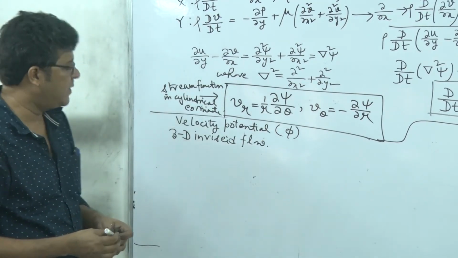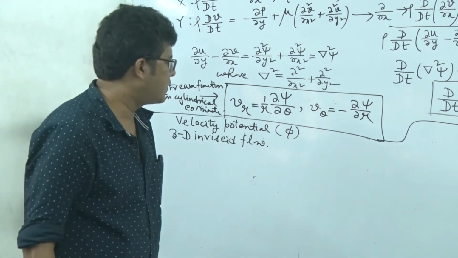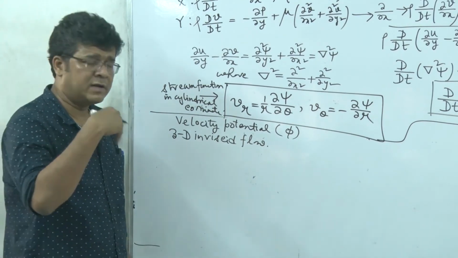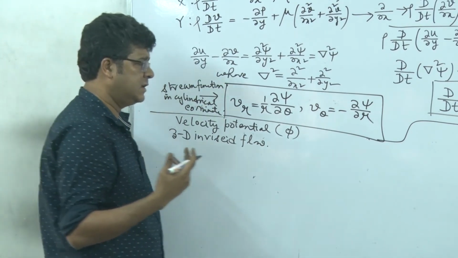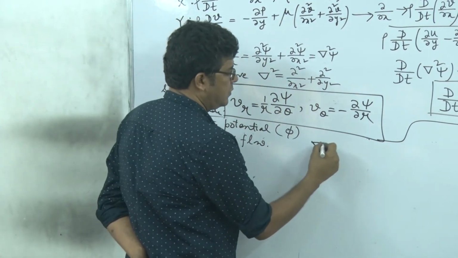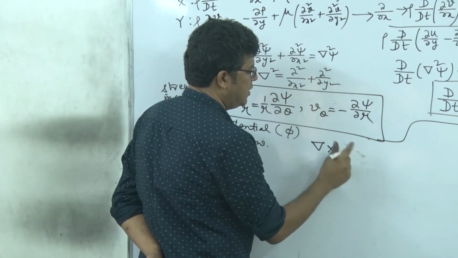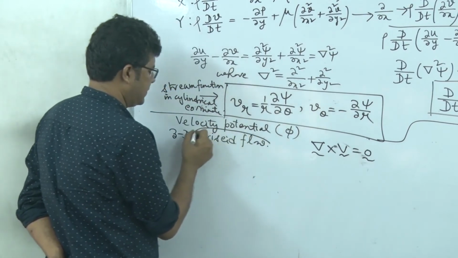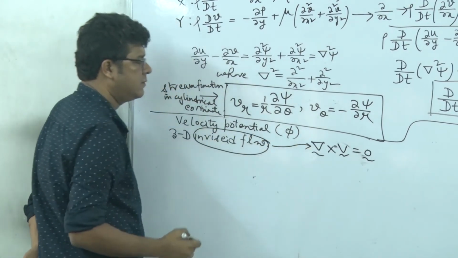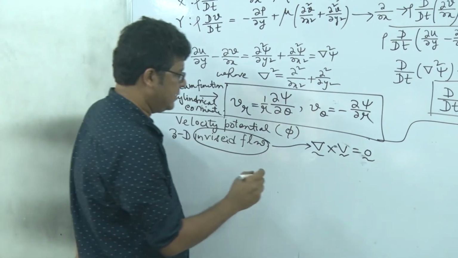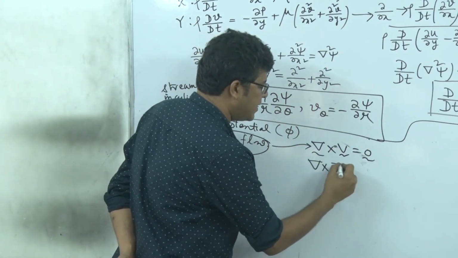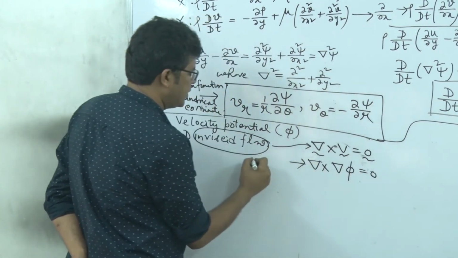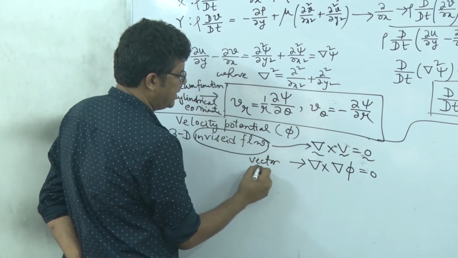You see, for inviscid flow, the curl of this velocity vector is equal to 0. So the curl of this velocity vector is a null vector in inviscid flow, right? And we have a vector identity that curl of grad of any scalar field is also equal to 0. It's an outcome of a very well known vector identity.